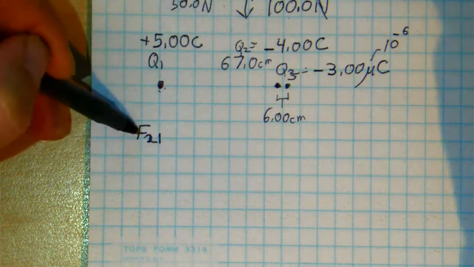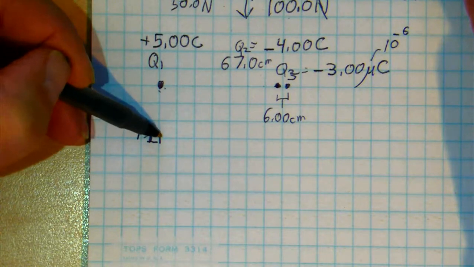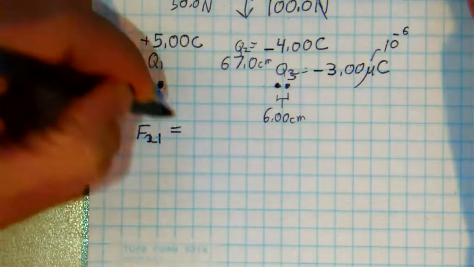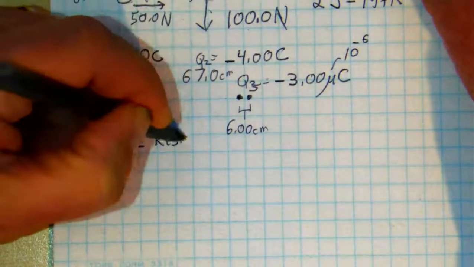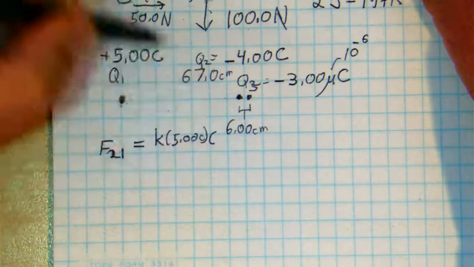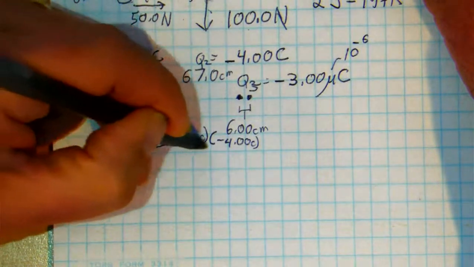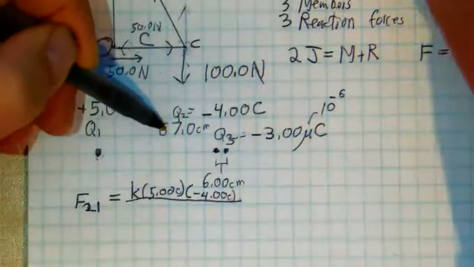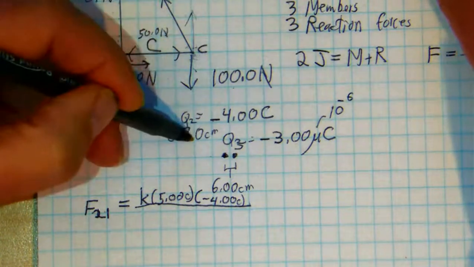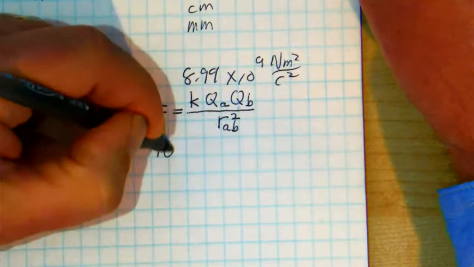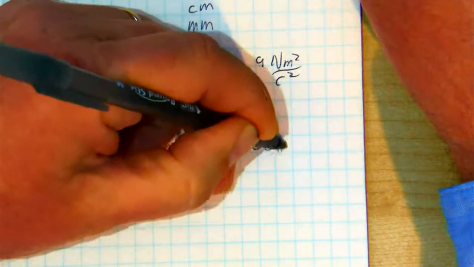The force of Q2 pushing or pulling on charge Q1 is equal to K times 5 coulombs times negative 4 coulombs divided by, I have to take the 67 centimeters and convert that to meters, knowing that 100 centimeters by definition is exactly 1 meter.